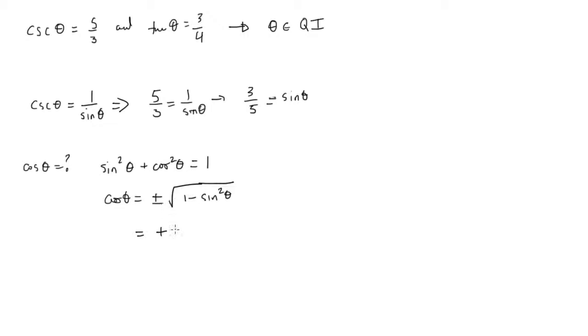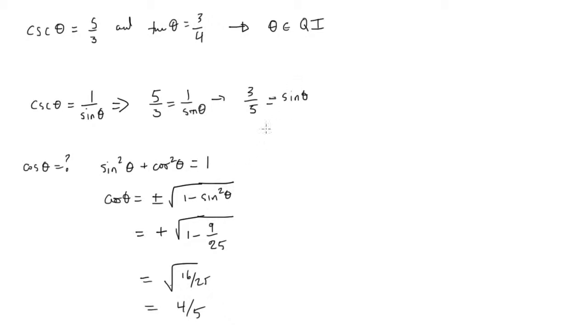In this case, it's got to be plus because the angle lived in quadrant 1, and cosine is positive there. If we plug in our 3/5, we get 9/25 when you square it, and then take away from 1 and you get 16/25, and then the square root of 16/25 is 4/5.